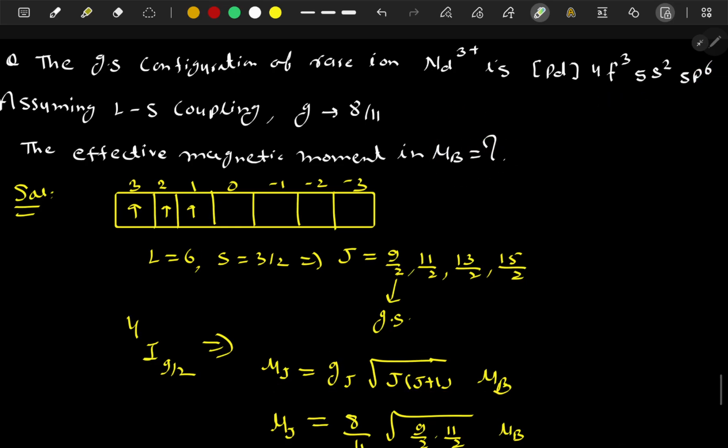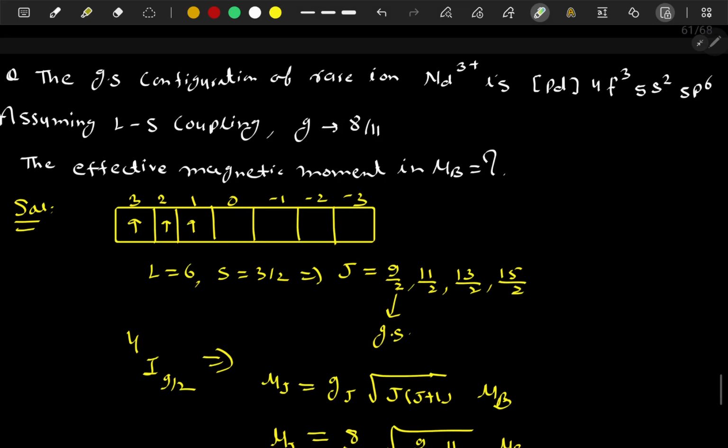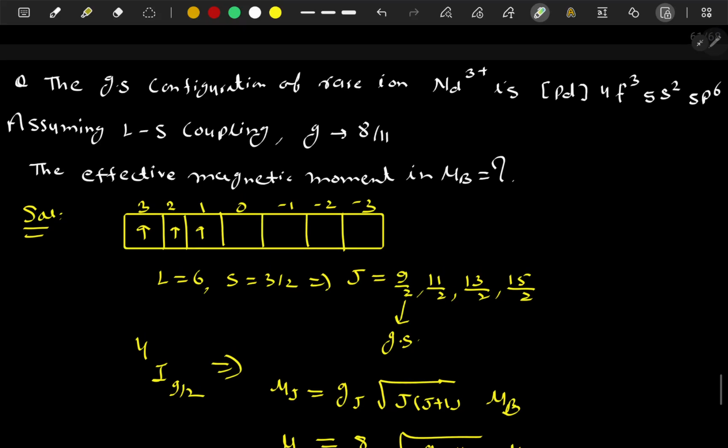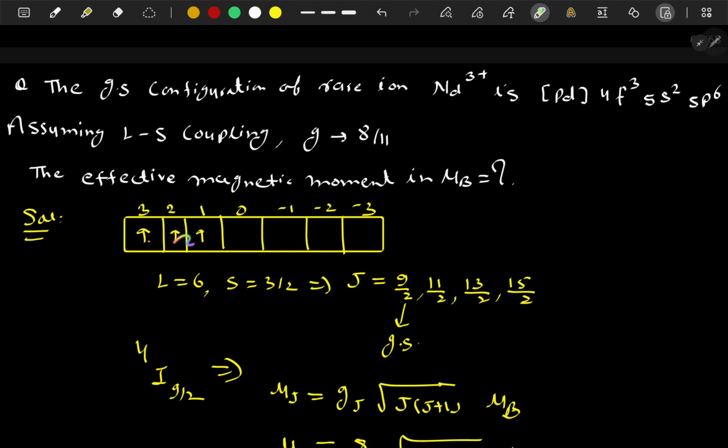So just think here, we have 5p6, and we have LS coupling, and we have L equal to 6 here. So 3, 2, 1, 0, minus 1, minus 2, and so on; it will be in 4f3, remember.